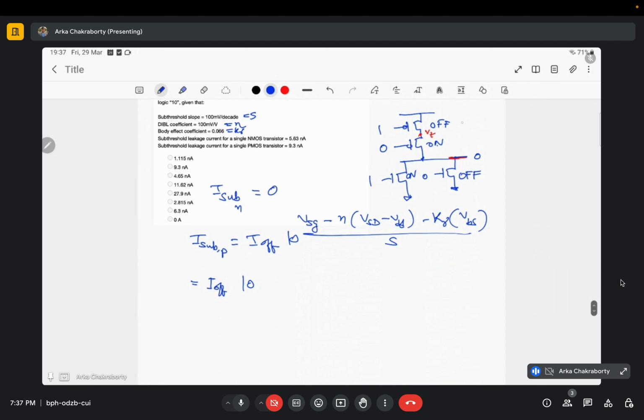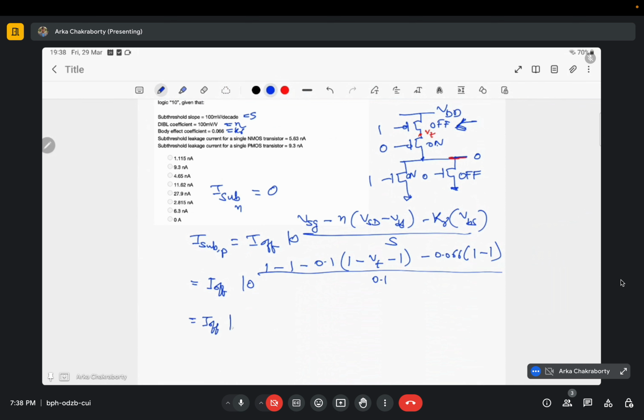So this is my target transistor. Vs is VDD, that is 1 volt, Vg is 1 volt, eta is 0.1, Vs is 1 volt, Vd is Vt, that is 0.3, minus VDD is 1 volt, minus K gamma is 0.066, Vb is 1 volt, Vs is 1 volt, divided by 0.1 volt.